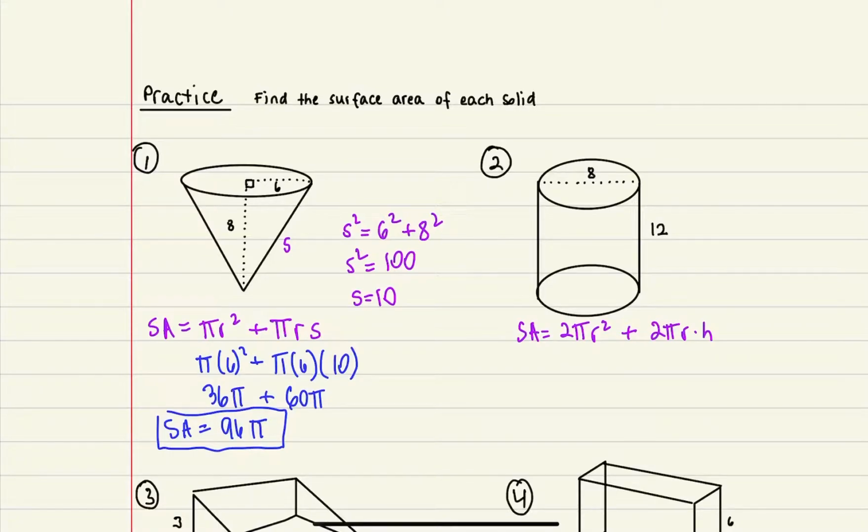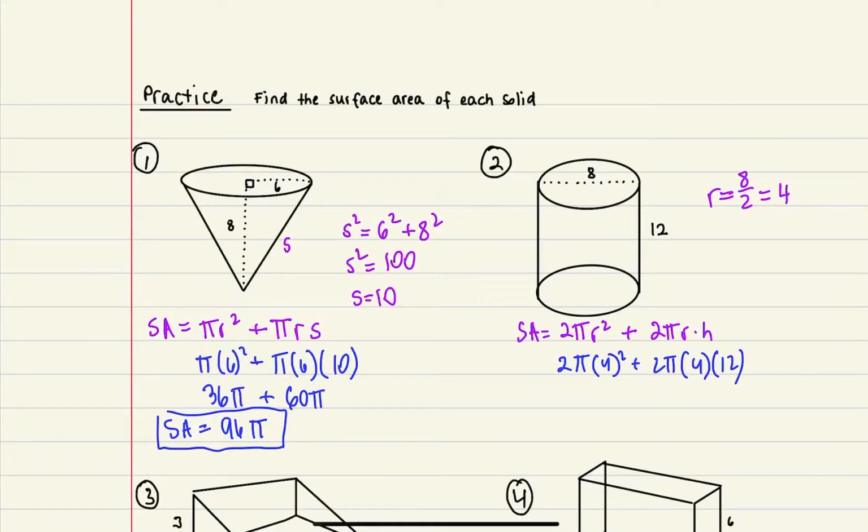So we know the height, but we don't know the radius because we only have the diameter, but remember the radius is half of the diameter, so the length of the radius in the cylinder is 4. Okay, so we know the radius, we know the height, we can plug those in. So the surface area is going to be equal to 2 pi times 4 squared plus 2 pi times radius 4 times the height, which is 12.